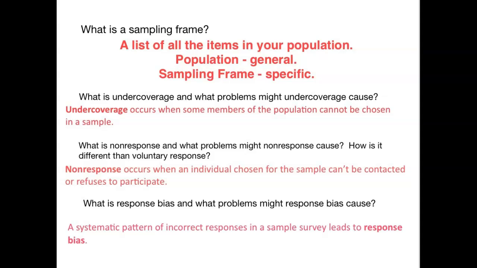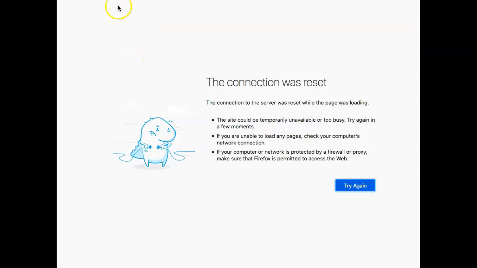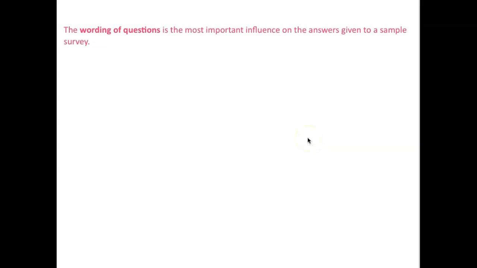And then in a survey, you want to be very careful with the wording of questions, because it's the most important influence on the answers given to a sample survey.